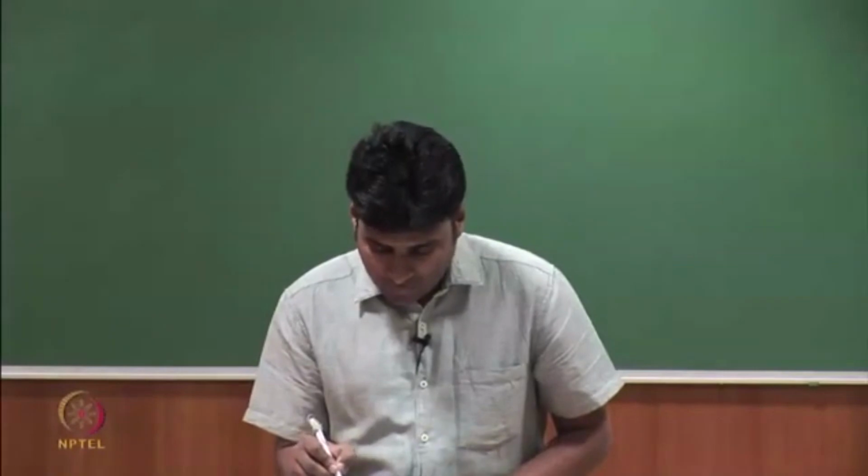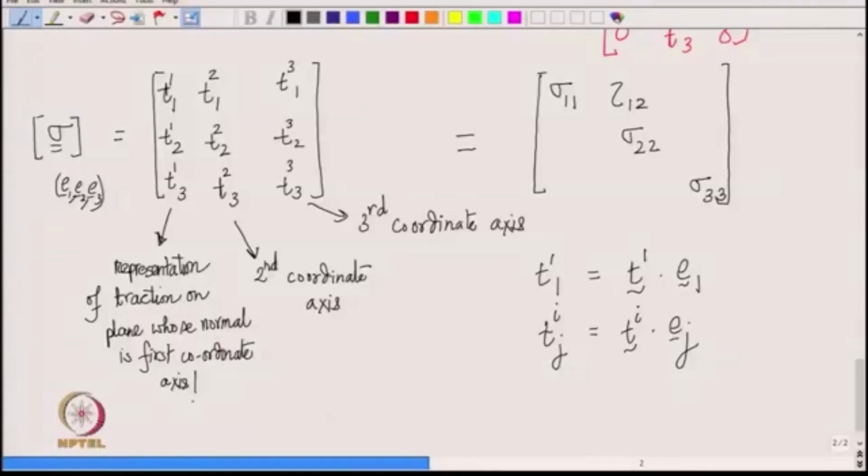So, this is tau 1 2. So, this becomes tau 1 3, tau 2 3, tau 3 2, tau 3 1, this is tau 2 1.